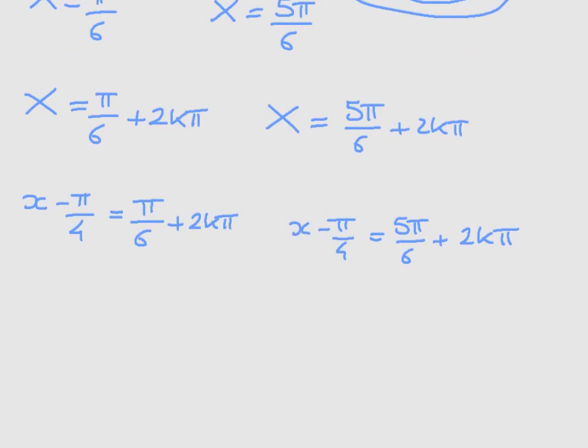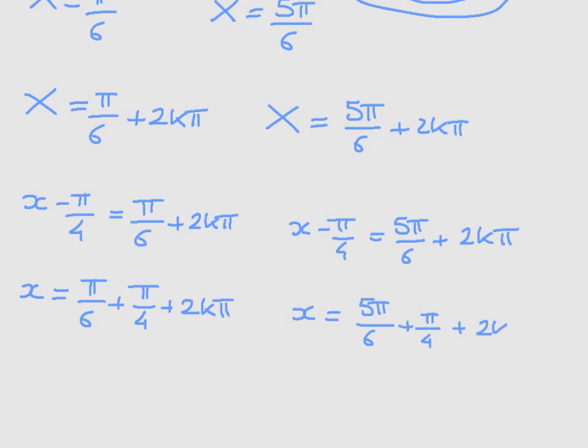If I add pi over 4 to both sides, the first equation gives x equals pi over 4 plus pi over 4 plus 2k pi. The second equation will lead to x equals 3 pi over 4 plus pi over 4 plus 2k pi.